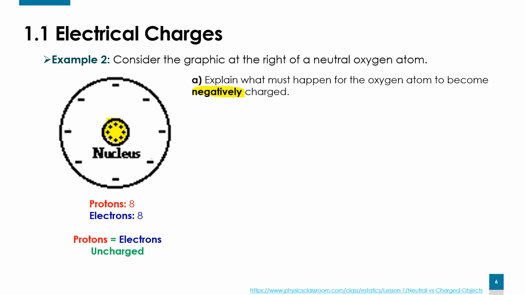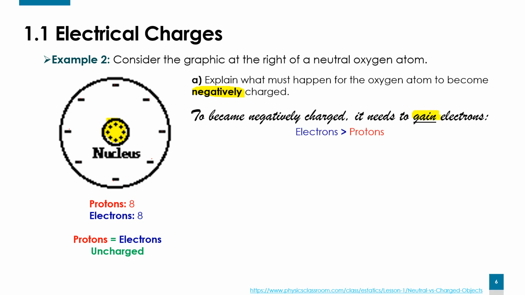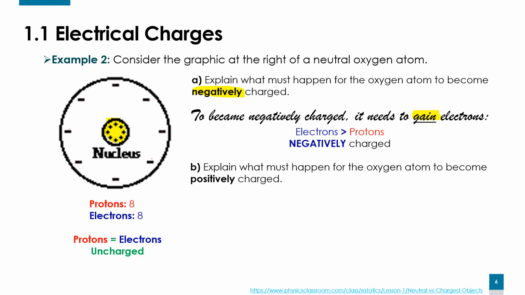It's another story, okay? We're going to focus only on the electrosphere when we talk about electricity. So what needs to happen here for my atom to be negatively charged? I need to get more negative charge, right? So I need to gain electrons. If I gain electrons, I have more electrons than protons. So I'm gonna be negatively charged. Is that easy? Yes, right?